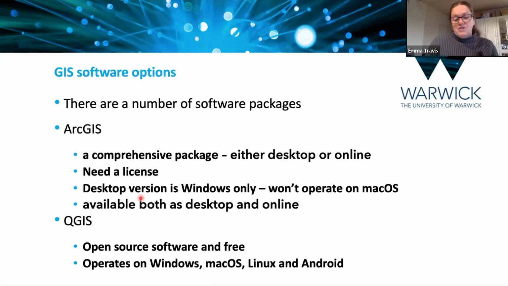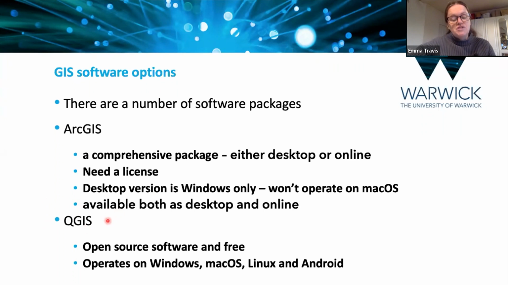The desktop version has limitations in that it's Windows only, so it won't operate on the native operating system of a Mac OS. So I currently run it on a virtual machine, but that's not actually going to be possible for long. So there are some limitations. There are other alternatives as well, and one of the main ones is an open source software and free called QGIS.